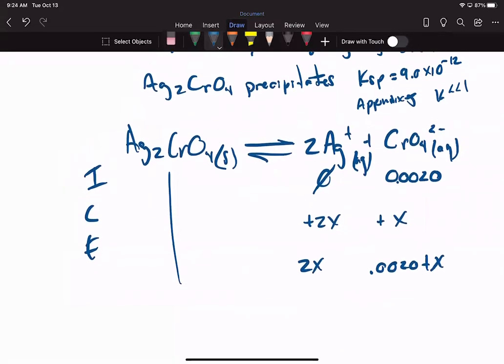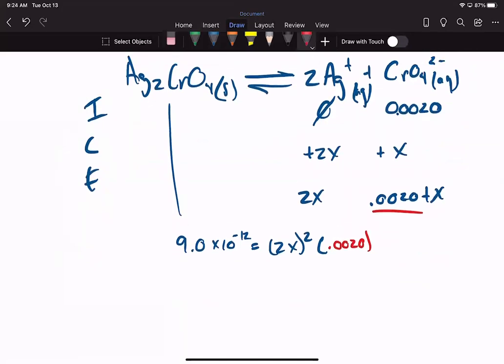So if our KSP is equal to 9.0 times 10 to the minus 12, we go 9.0 times 10 to the minus 12 is equal to 2x squared times 0.0020. I'm only going to use this value here because the KSP is so small. So because the KSP is so small, I'm going to put 0.0020.